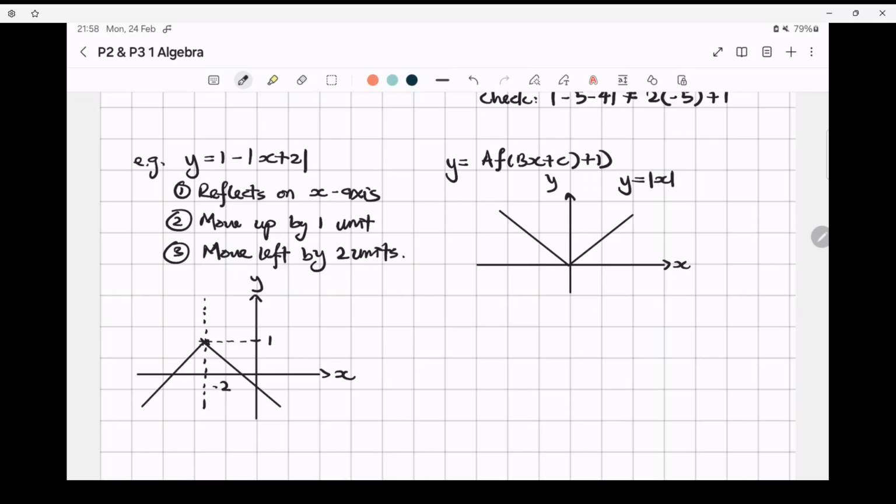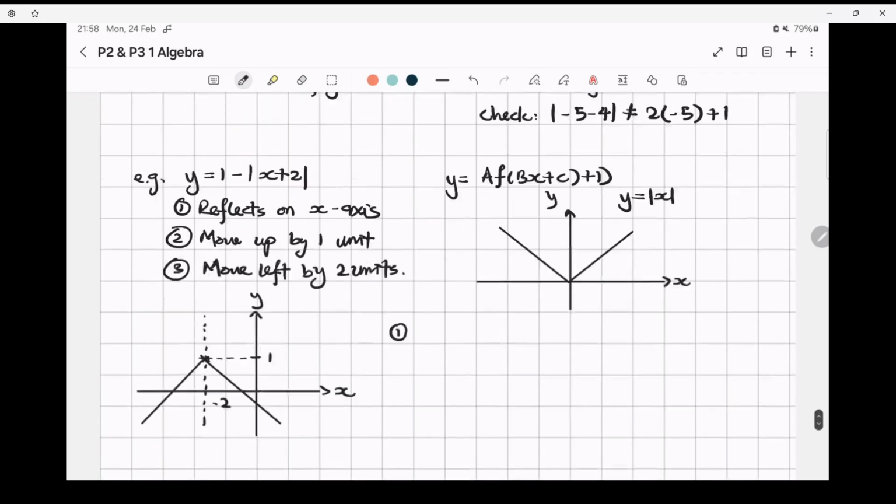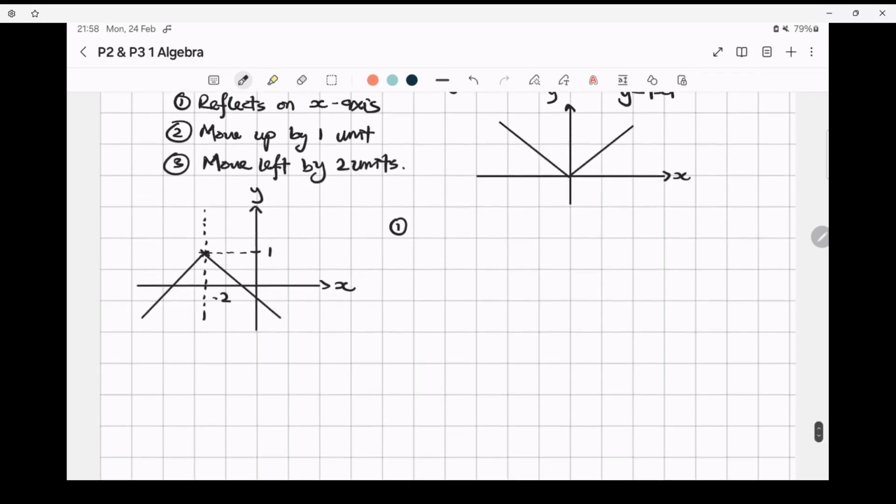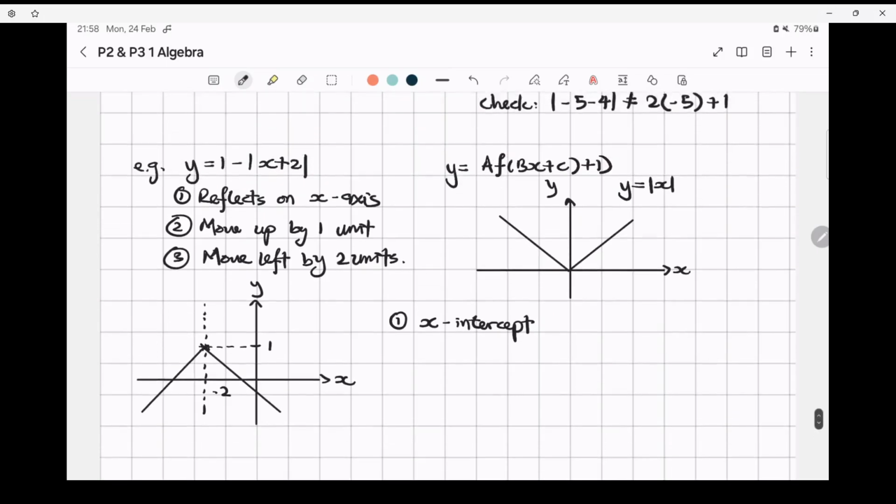If you want a more accurate sketch, then what you need to find, as I demonstrated above, is your x-intercept. So in this case, you can't really find your x-intercepts because it's being flipped over, and then you are being moved up or left, right. So in this case, what you can do is to understand that the highest point for this particular graph is when x equals to minus 2.